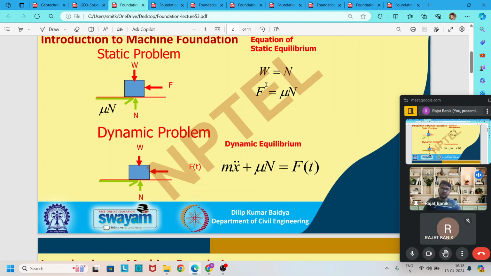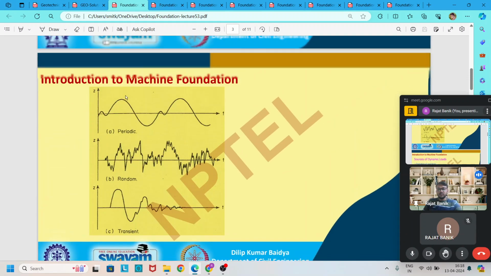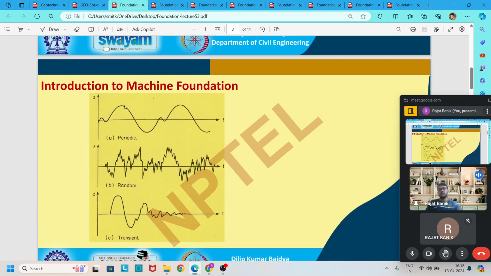But in a dynamic problem, the applied force is time dependent, and an inertia force also comes into the picture. Then we studied the different types of force: periodic force, random force, and transient force.